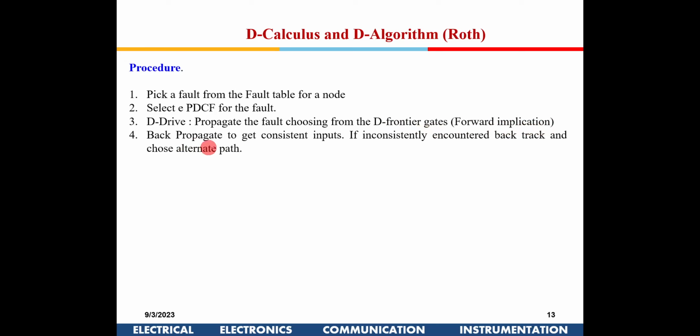Once it is done, we propagate back to the primary inputs. If there is some inconsistency, if there is any clash of inputs, then we backtrack and choose an alternative path. This might appear vague at this point of time, but let me explain through one example, then things will be clear.